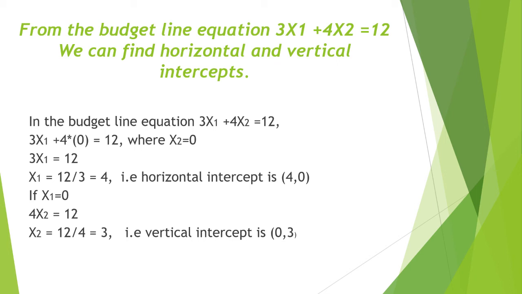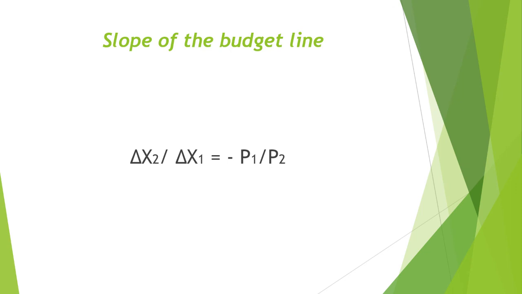Thus, the horizontal intercept is (4, 0). Whereas, if he spends nothing on good x1, if x1 equals 0, then 3 into 0 plus 4x2 equals 12. That is 4x2 equals 12. x2 equals 12 divided by 4, that is 3. Then the vertical intercept is (0, 3).